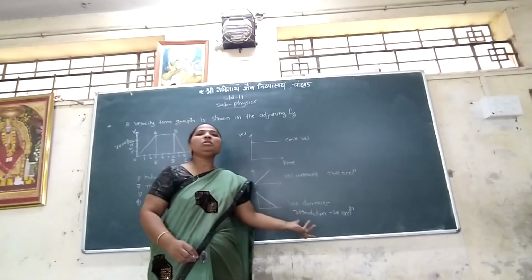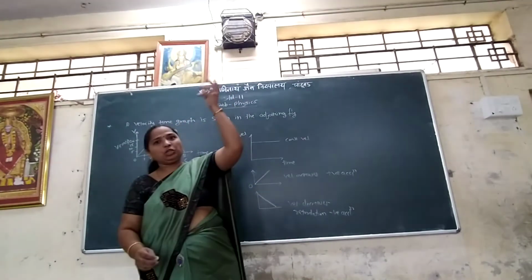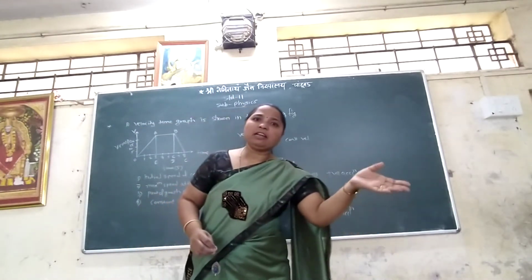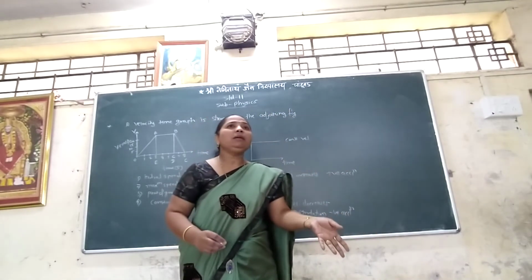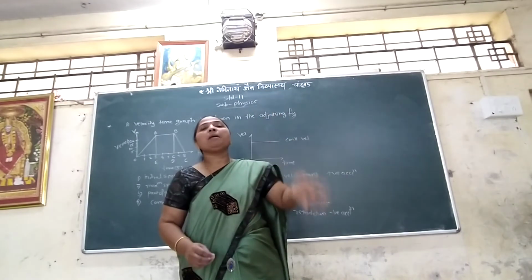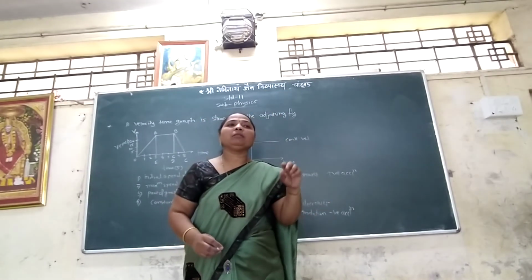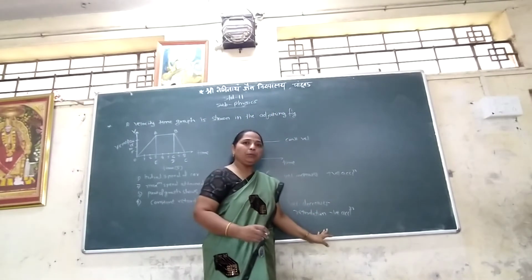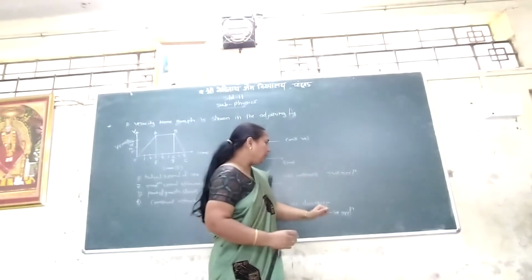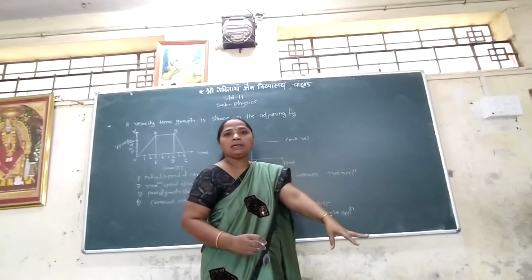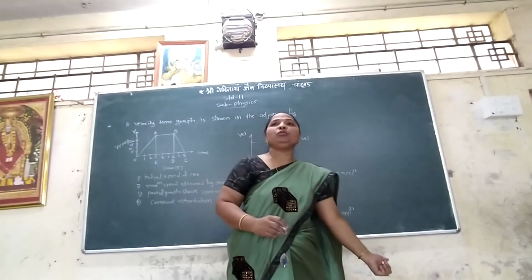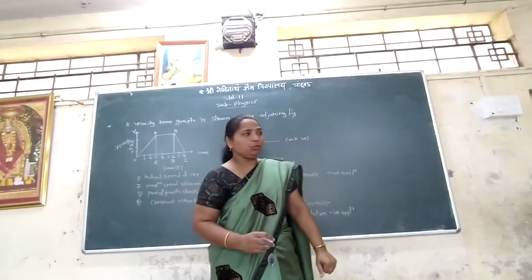When a ball is thrown in the upward direction, the gravitational acceleration at the earth's surface is taken as negative. But when the ball is thrown towards the earth's surface, its acceleration g is taken as positive.